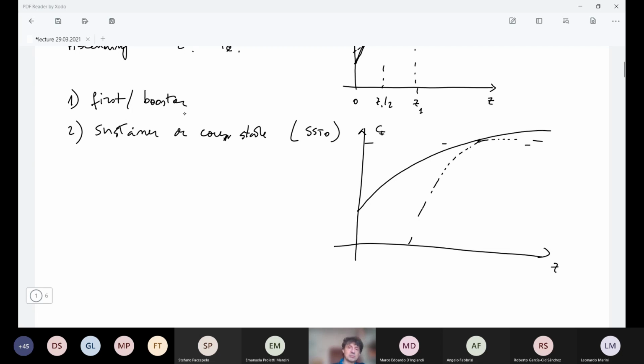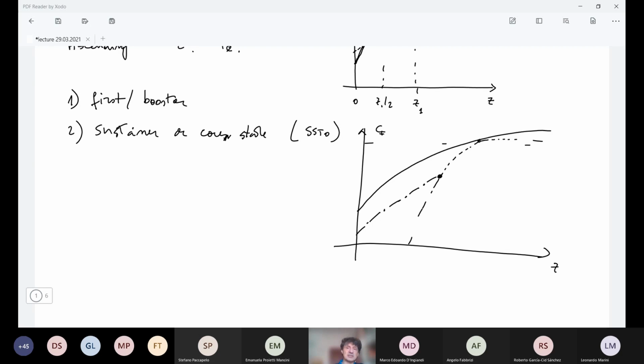So what happens here? You see that this line is going down quickly, and at a given point, what happens is that we have flow separation. And it will continue in this way.